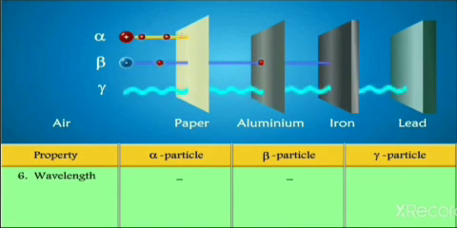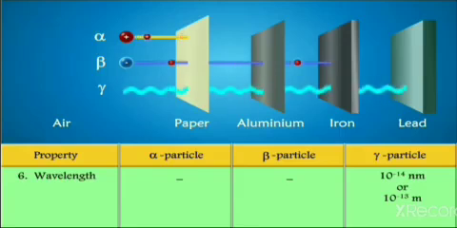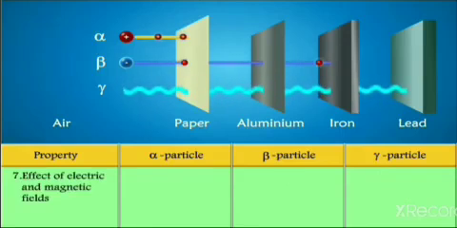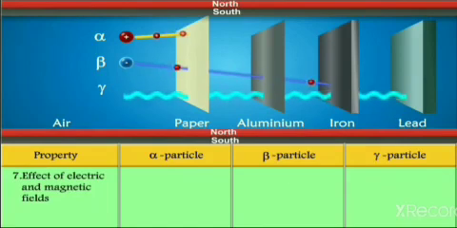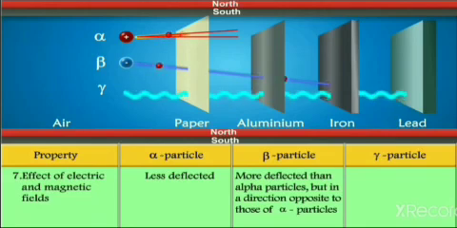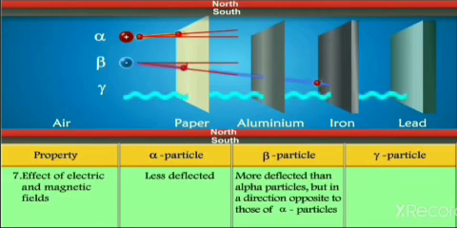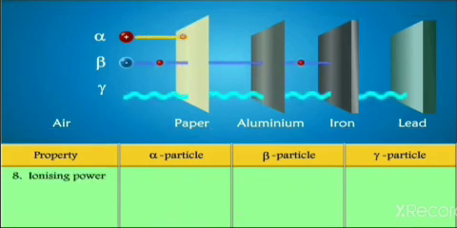Wavelength of gamma radiation is 10^-14 nanometer or 10^-13 meter. 7. Effect of electric and magnetic fields. Alpha particles are less deflected. Beta particles are more deflected than alpha particles, but in a direction opposite to that of alpha particles. Gamma radiations are unaffected.